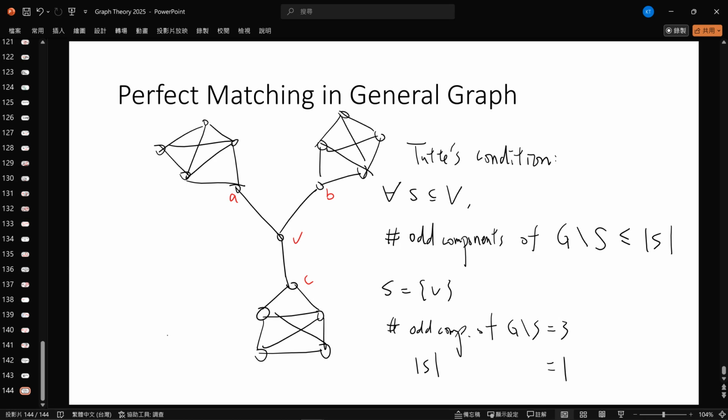So I think it's easy to see that if you have a perfect matching, okay, then you must have Tutte's condition. Okay? This one is easy. Okay? So what we're going to prove is that if a graph satisfies Tutte's condition, then the graph has a perfect matching. Okay?